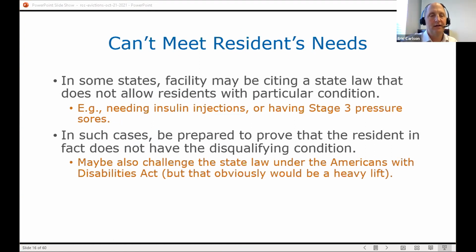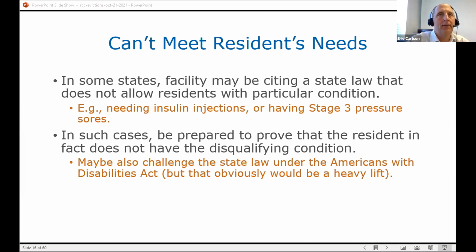Examples listed here of insulin or healing wounds or pressure sores, or I'm sure you're all familiar with these sort of criteria. And in these cases, for better or for worse, it's more specific.